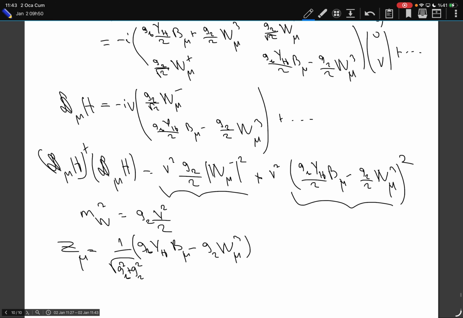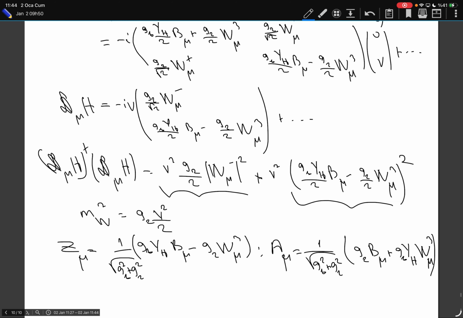This is a mass eigenstate. And there is also the orthogonal component. This is also a mass eigenstate.